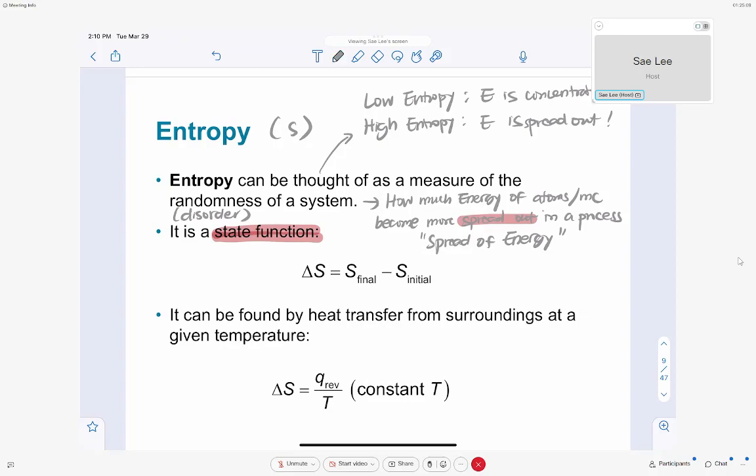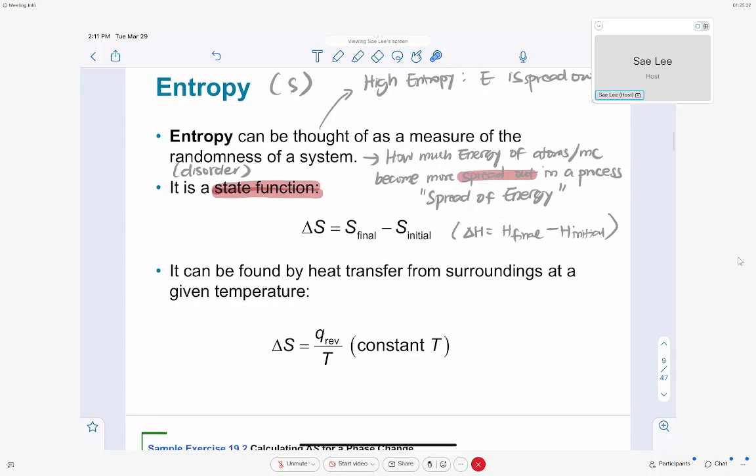Same equation as enthalpy, right? This is what you learned in chapter 5, right? Just like enthalpy, entropy has the same equation. Entropy change is going to be final entropy minus initial entropy.